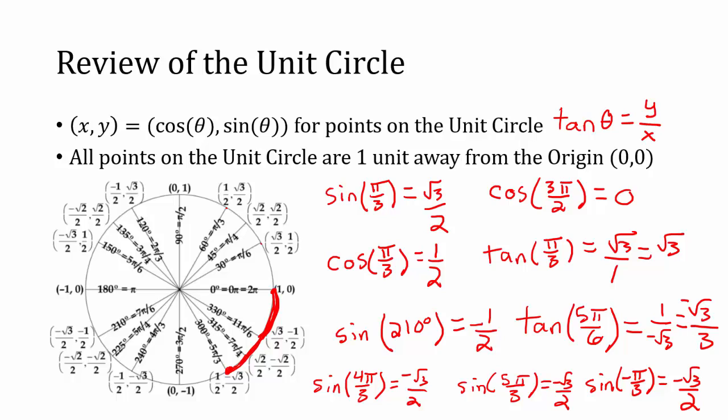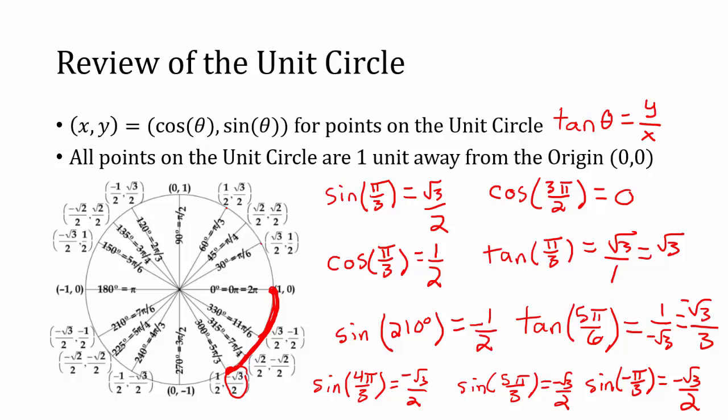So I know that if I start right here in standard position, this is always the starting point, right at 1, 0, and I rotate negative 60 degrees, negative because I'm rotating clockwise, I get to a point where the sine of that angle is negative root 3 over 2.